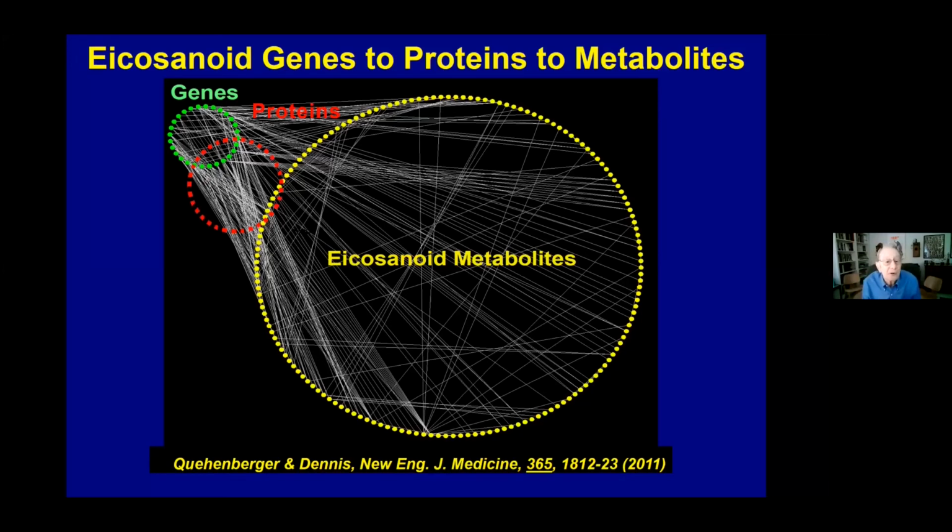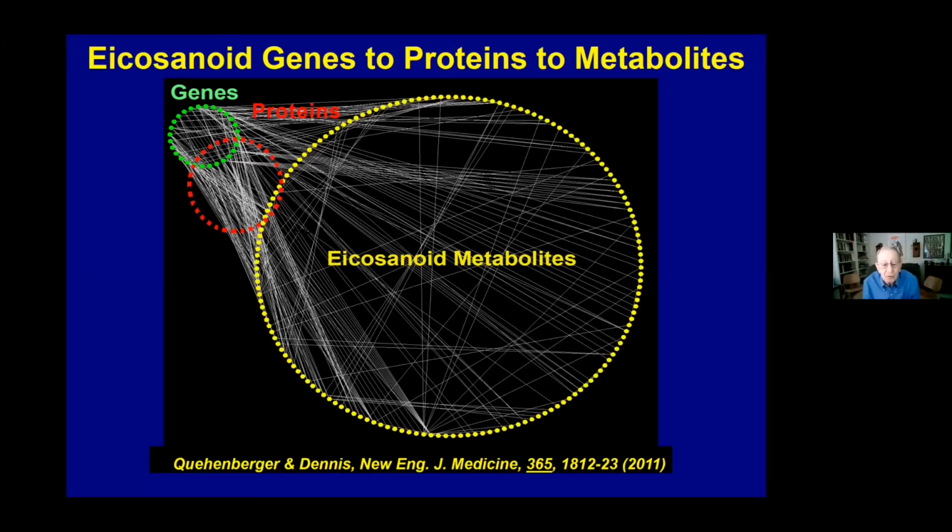So there are more proteins than there are genes. But when you go to metabolites, there's a giant expansion because of the number of fatty acids. There are 30 or 40 normal fatty acids that are very abundant in our metabolism, and many of these proteins can work on all of them. So you get an expanding number of metabolites.